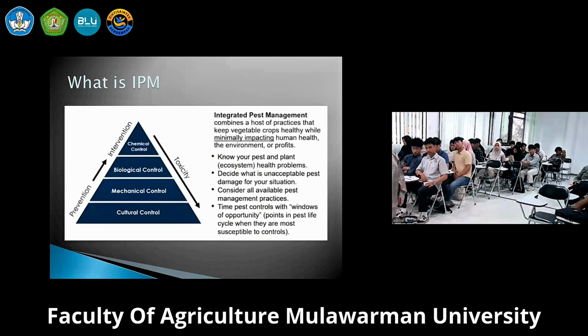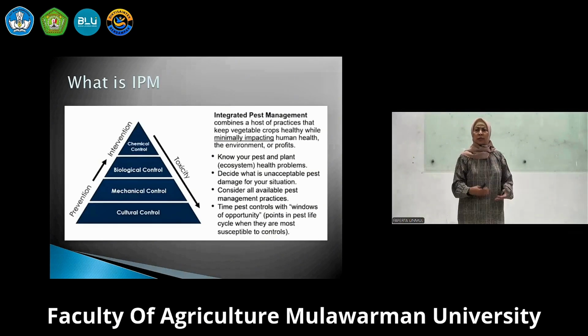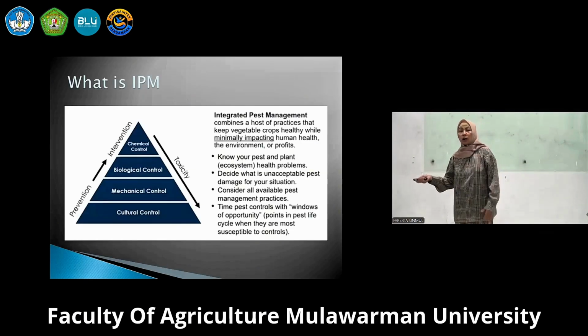So that is, yeah. And then you can see here the integrated pest management. You also have to familiarize yourself with or know your pest and plant health problem. What's the problem? So you have to be familiar with the problem on the site, on the field. And then decide what is an accepted pest damage for your situation.